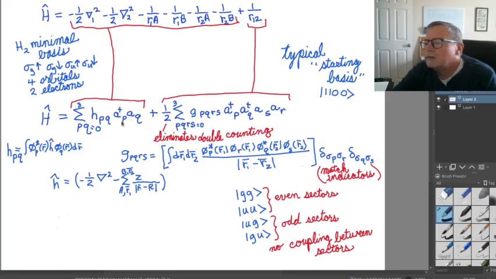Now these creation and annihilation operators, they need something to operate on. And they can operate on something very common, the ground state for the hydrogen molecule, the symmetric ones. That's where these are the bonding orbitals where we got 2 electrons attracted to both protons kind of at the same time, and they form that bonding.